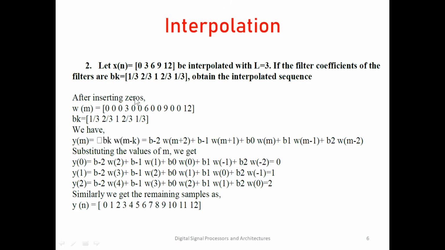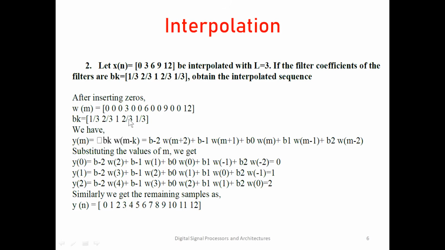We insert L minus 1, which is 3 minus 1, 2 zeros between every two samples: between 0 and 3 we append 0, 0, and between 3 and 6 again 2 zeros, and so on.